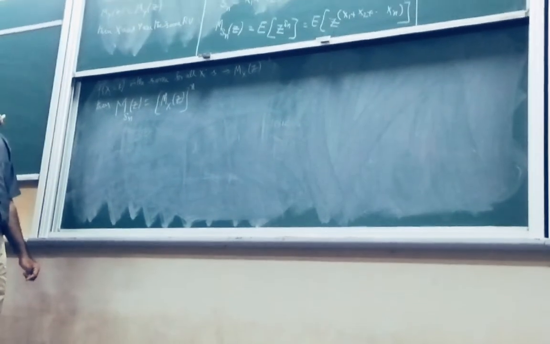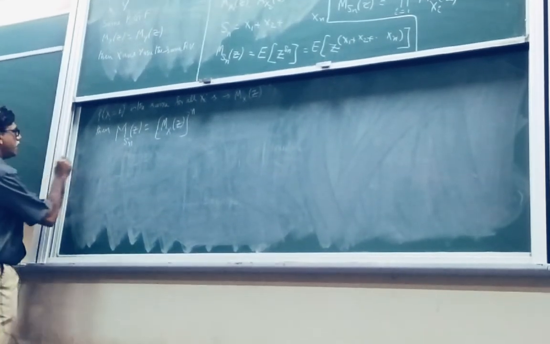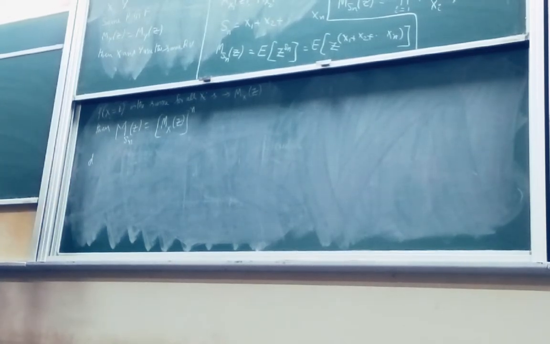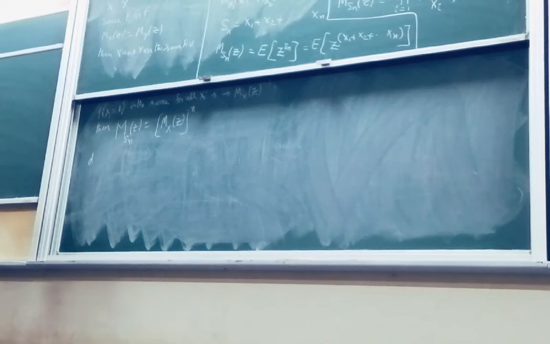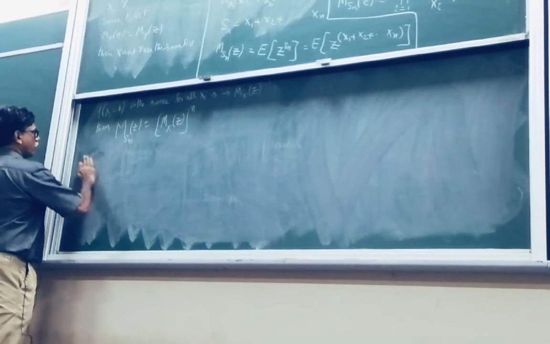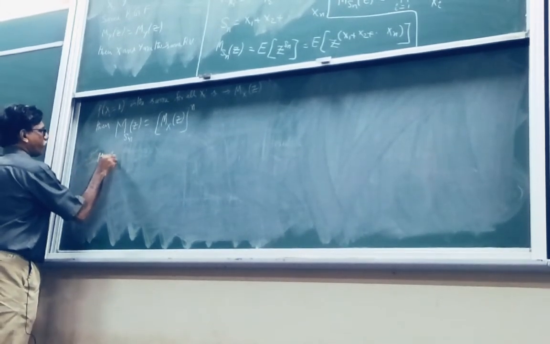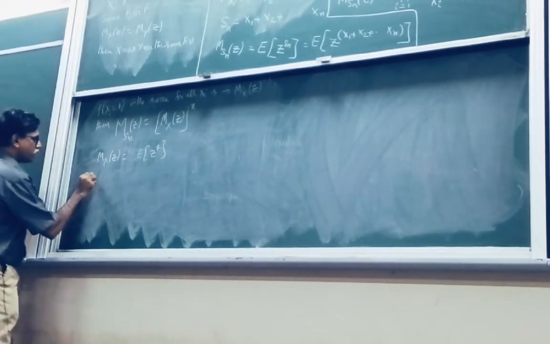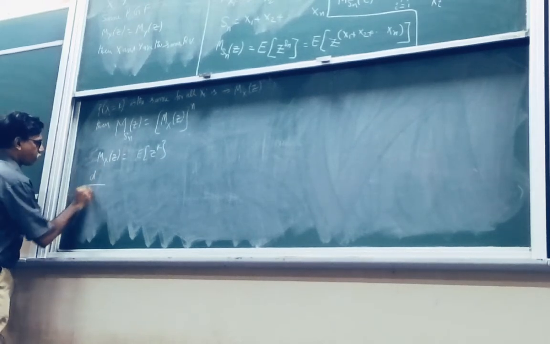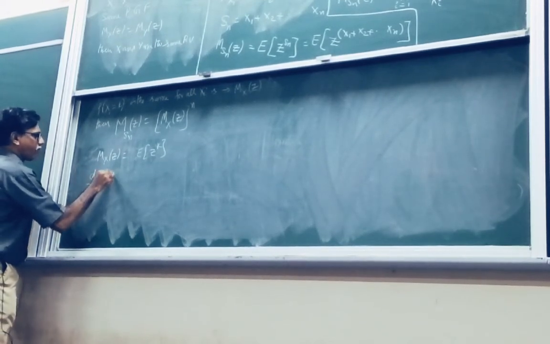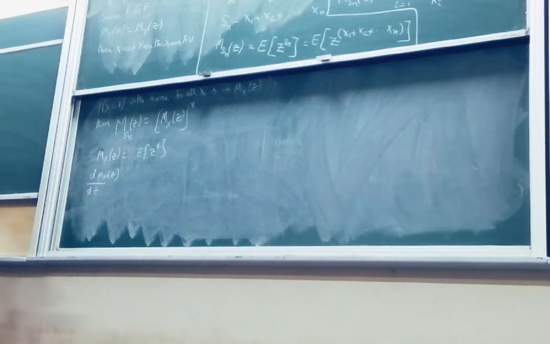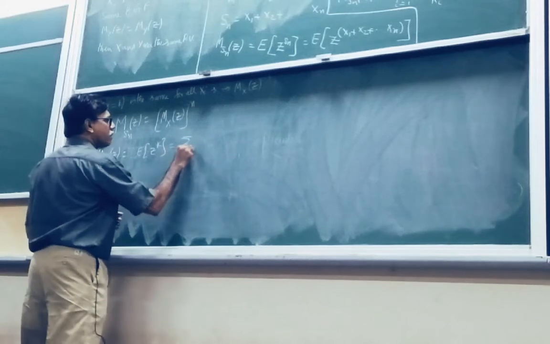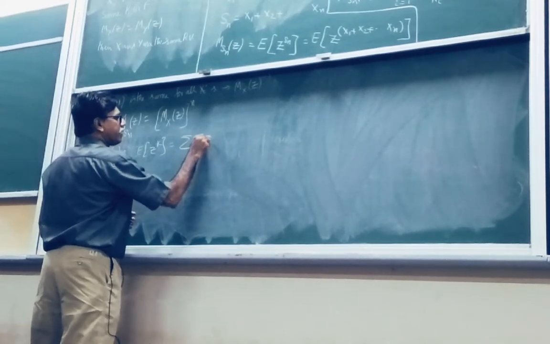Well, now we will do one more thing. We will look at M_X of z, which is the expectation of z power k. If you differentiate it once, we again write it as sigma p_k z power k.